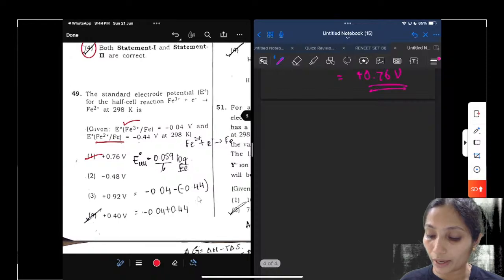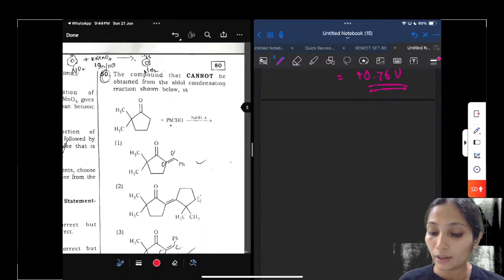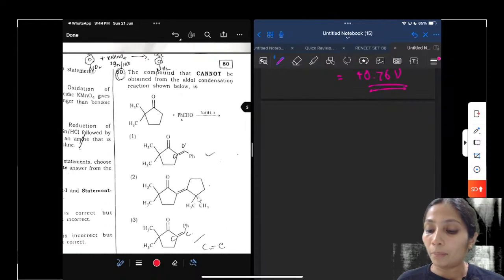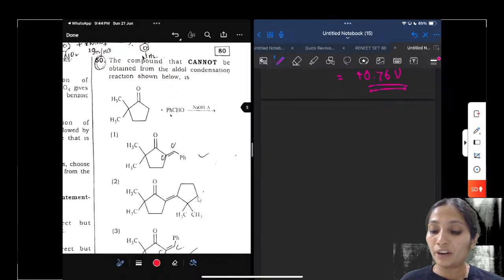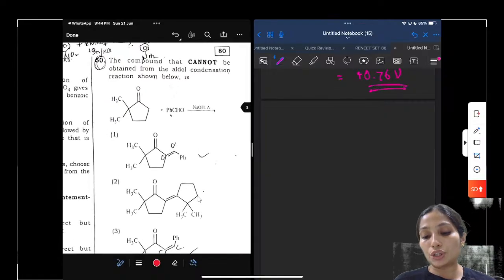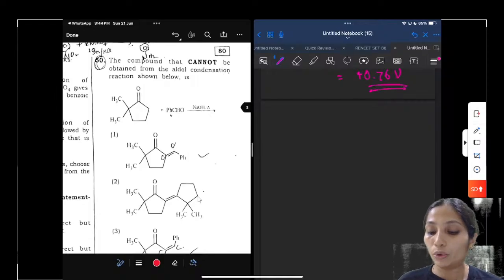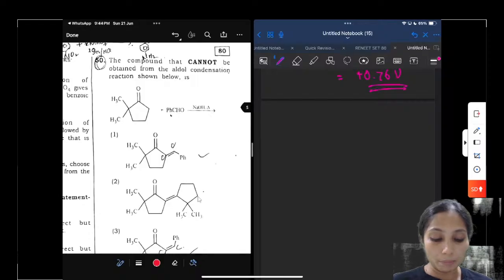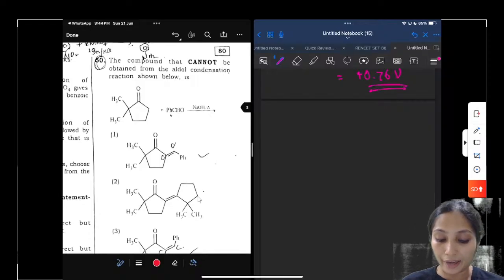Now let's go to the next question. The compound that cannot be obtained from the aldol condensation reaction shown below is... See, aldol condensation is not given by a compound which does not contain alpha hydrogen.